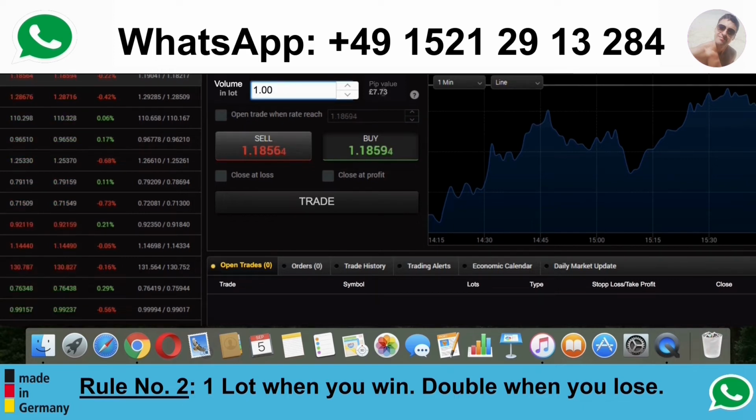So if I have 1 volume in lot, that means it's 7.73 pounds. If I have 2 volumes in lot, that means roughly 16 pounds. So this is the money at stake.